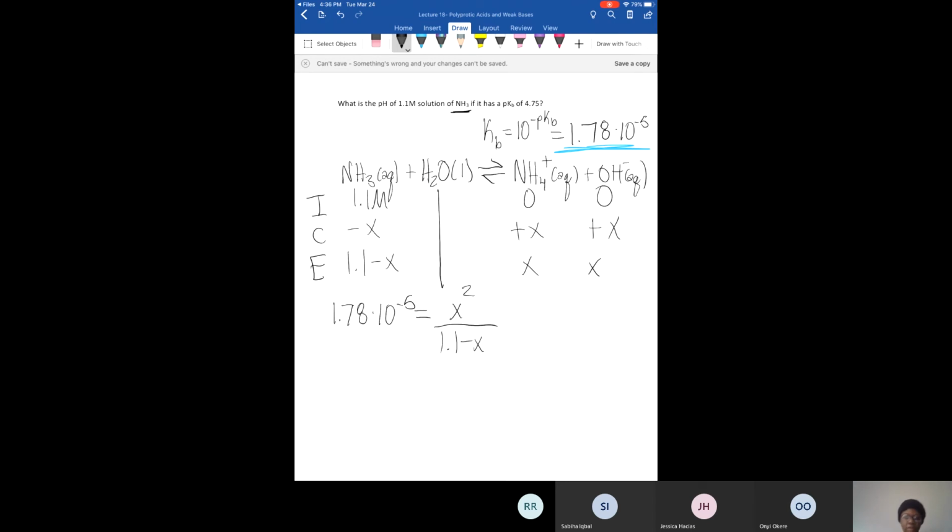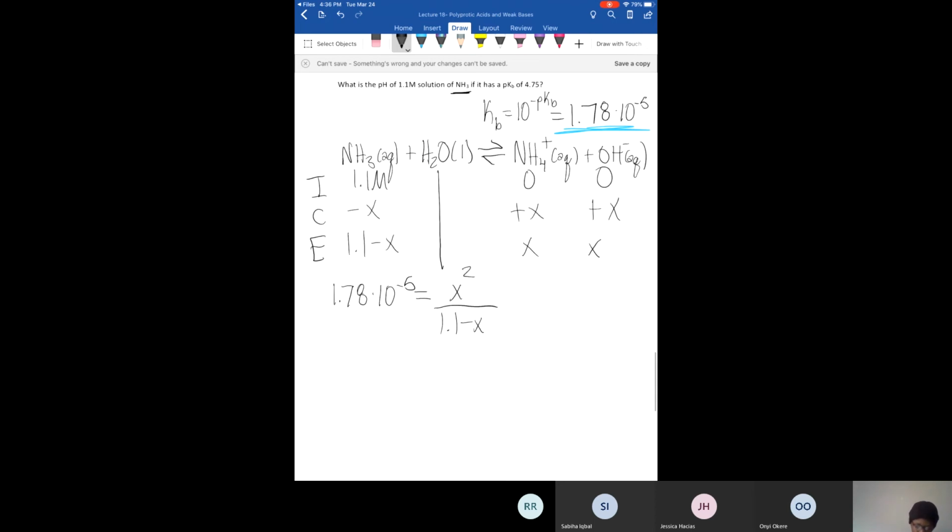And you're solving for x, and that's going to give you your OH minus concentration, which you can use to determine your pH. In this case, you can ignore the minus x, because the difference between 1.1 and 1.78 times 10 to the negative 5 is greater than 4 orders of magnitude. So that makes this a lot easier.